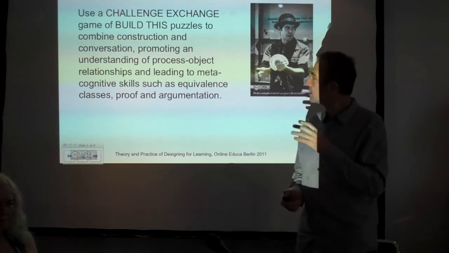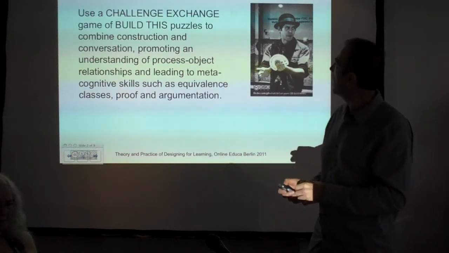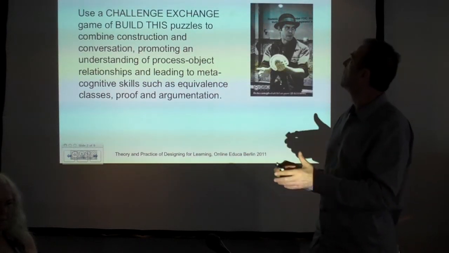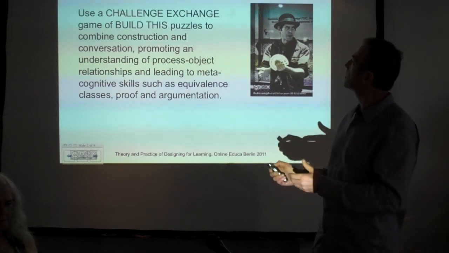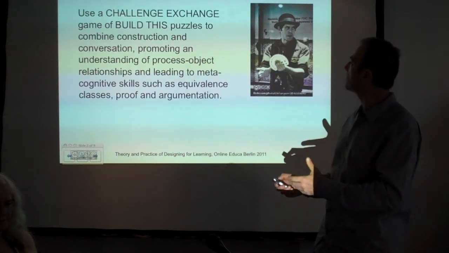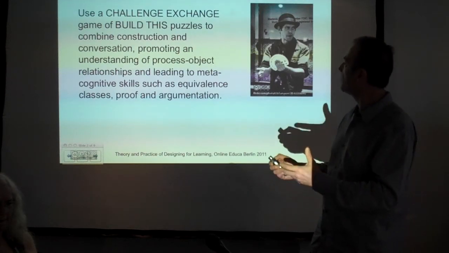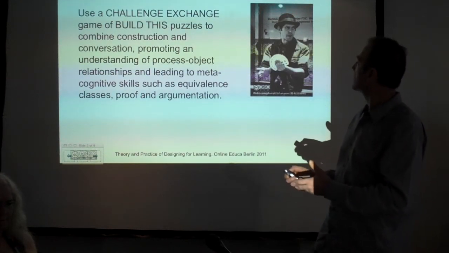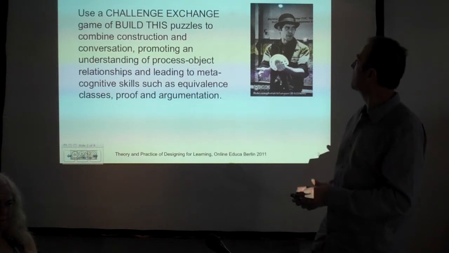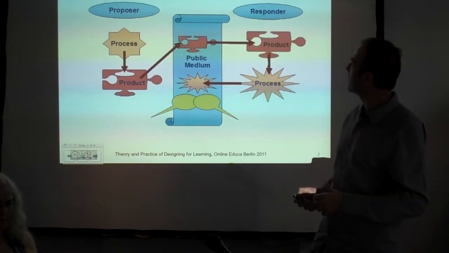So the idea is, briefly, use a challenge exchange game of build-this puzzles to combine construction and conversation, promoting an understanding of process-object relationship and leading to metacognitive skills such as equivalence classes, proof, and argumentation. I'll explain that in a minute.